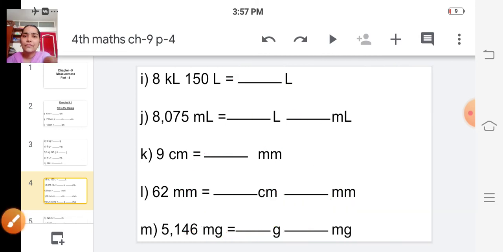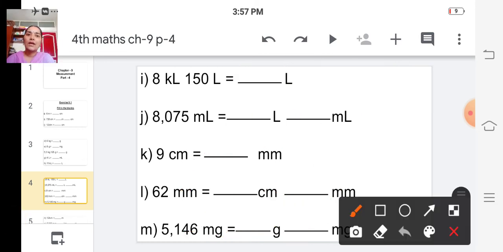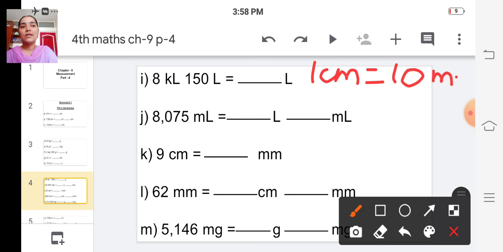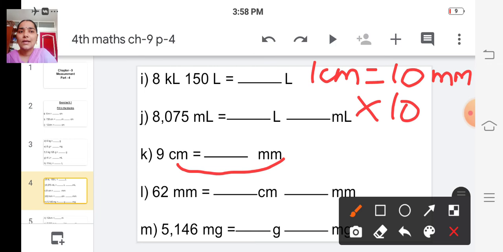Okay. The next one, 9 centimeter is equal to dash millimeter. So in 1 centimeter, how many millimeters are there? 10. So 1 centimeter is equal to 10 millimeter. So to convert centimeter into millimeter, what we have to do? We have to multiply by 10.